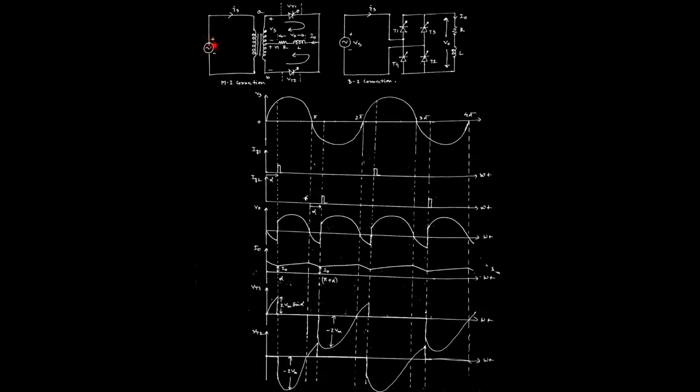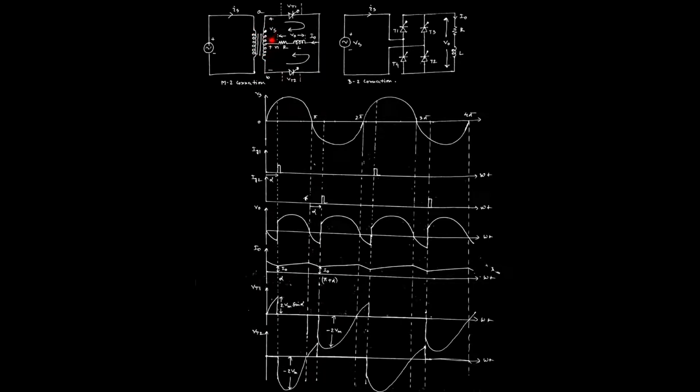Once the supply voltage enters the negative half cycle, that means after pi, when the supply voltage goes negative, what happens? The polarity of the supply will be changed. Then the lower part will be positive and the upper part will be negative. A similar effect happens in the secondary winding also.